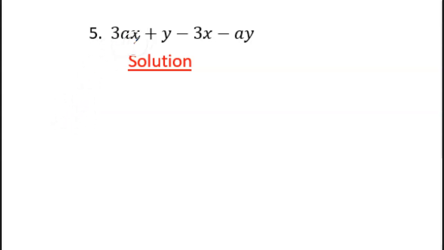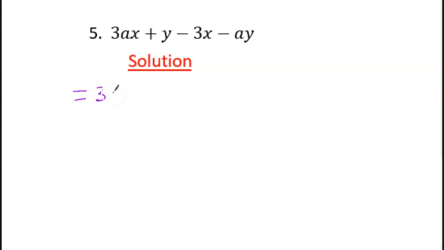We have 3ax here plus y. There's no common factor in these two terms, minus 3x minus ay. So as I've told you, you can rearrange them. So let's rearrange the terms so that we can have a common factor in two terms.